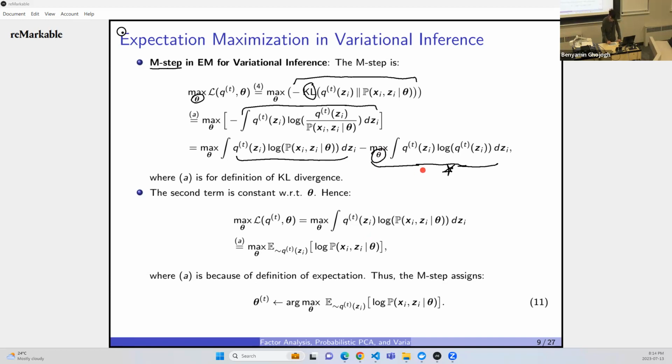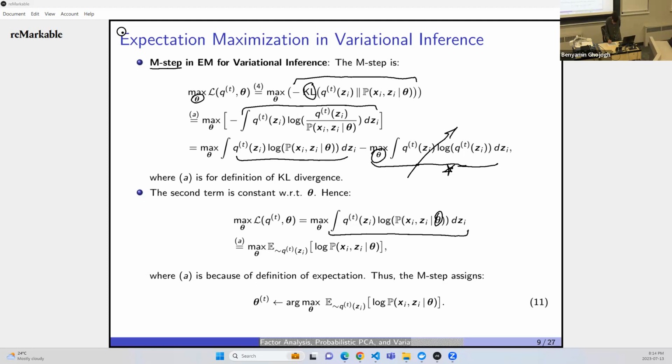Why? For finding theta, I don't need the maximum cost function. I need the optimization variable which maximizes that. Therefore, I can drop the constant term in the cost. So I maximize the first term only, which has theta in it.